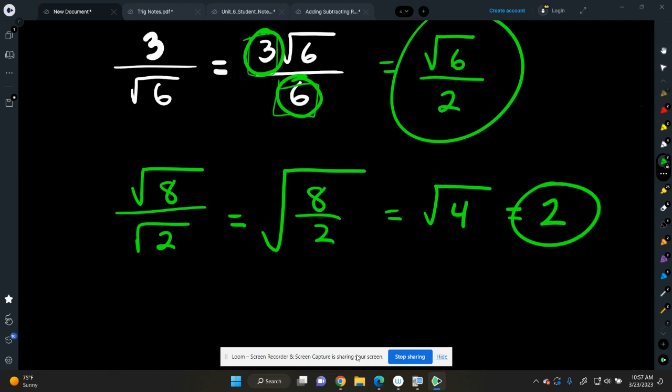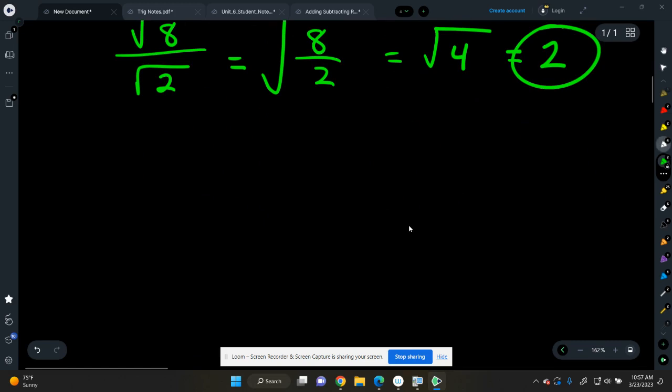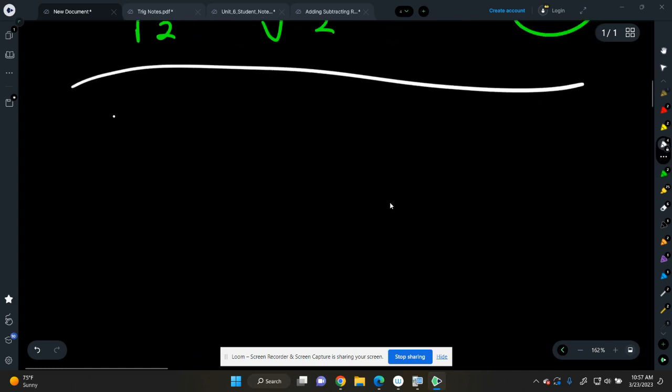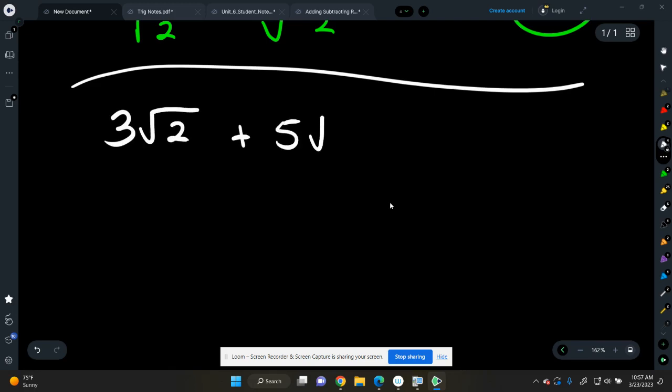All right. Today, we're going to look at adding and subtracting radicals. So if I have 3 root 2, and I'm adding 5 root 2, how many root 2's do I have? 8.